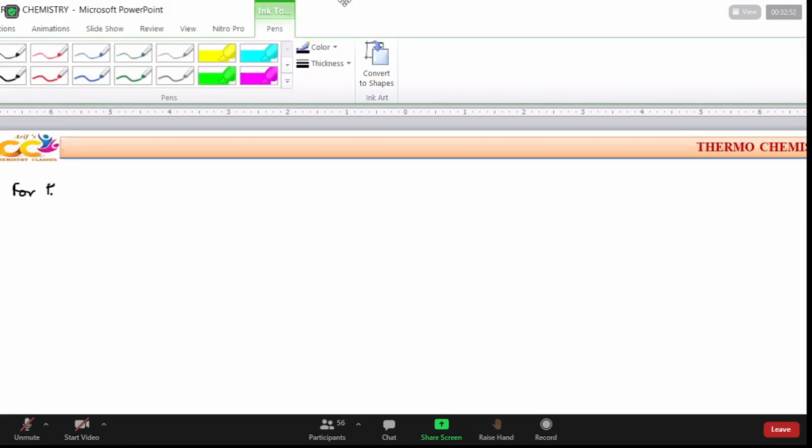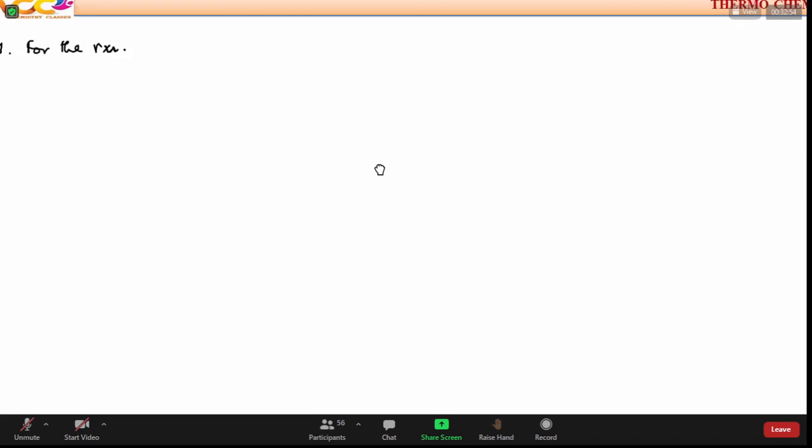Question number 1. For the reaction NH2Cl, try to write down the problem along with me. When I'm explaining, see the screen, don't write at that time.